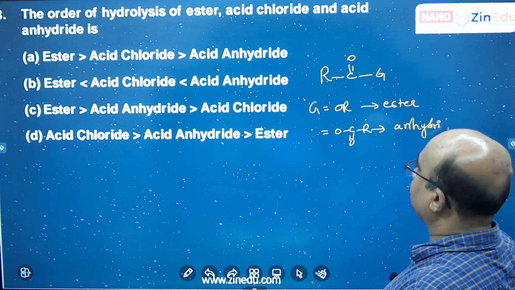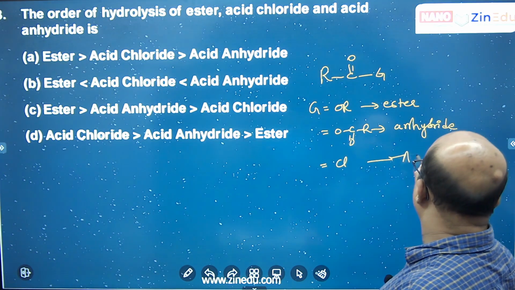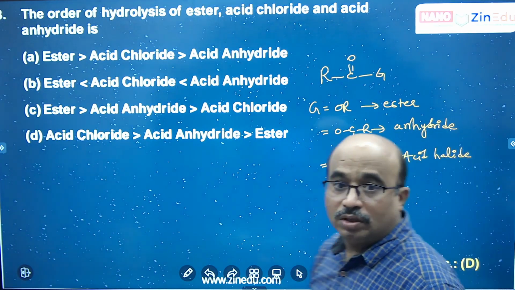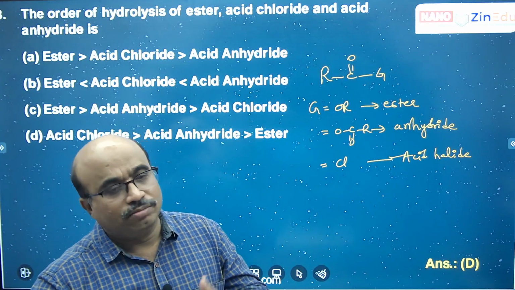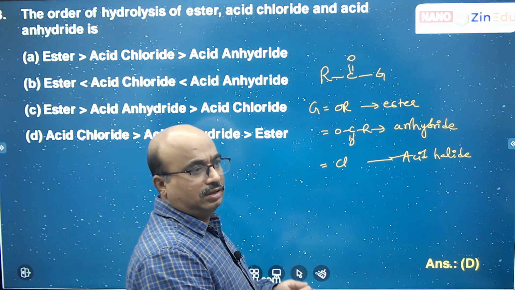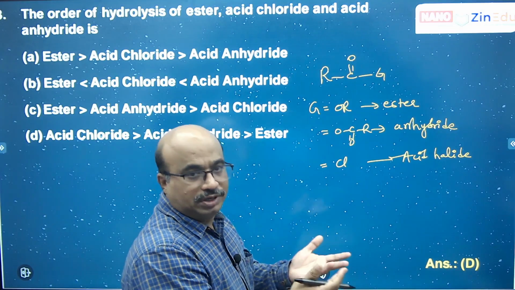Otherwise, if it is Cl, then it is acid halide. So, among them, the one which is the good leaving group will be the more reactive. The leaving ability depends on the basic strength. The weaker the base, the better the leaving group it is.